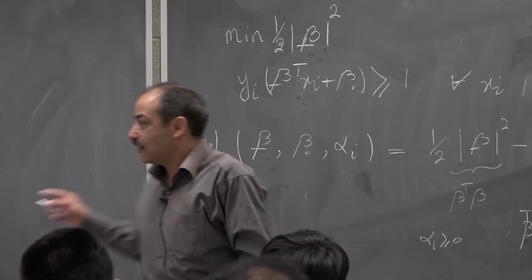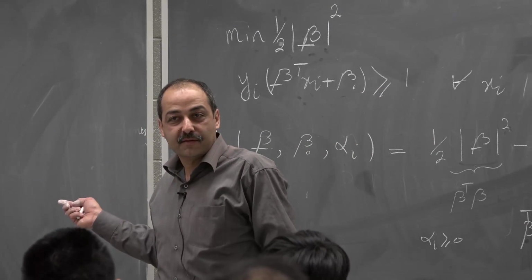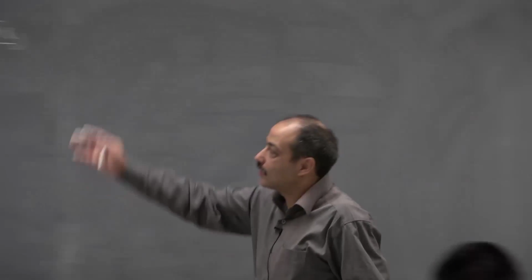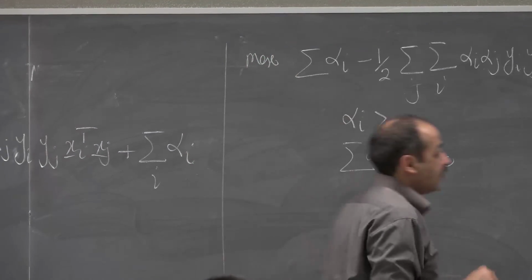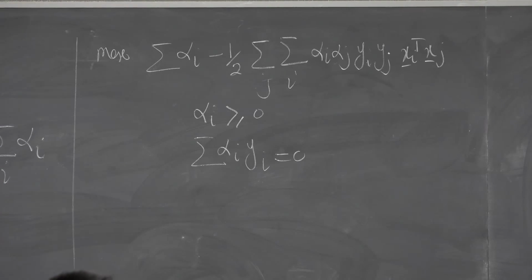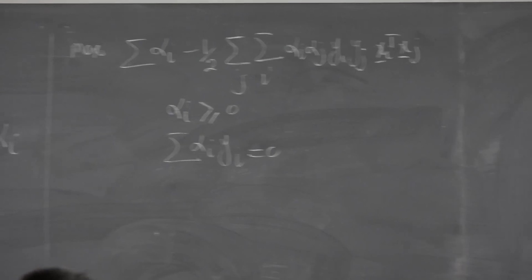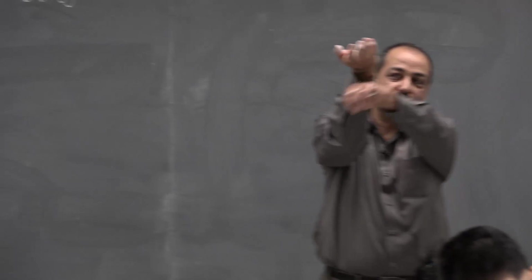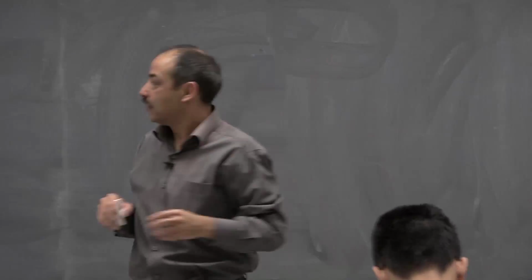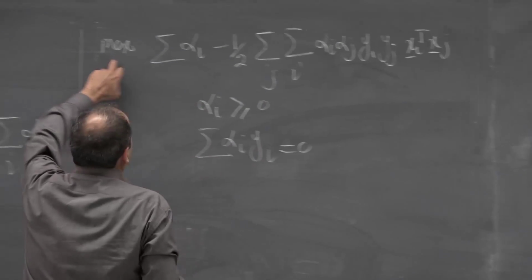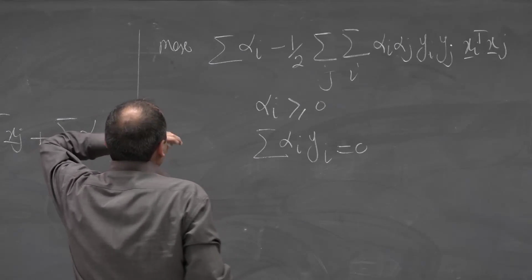Now everything is in terms of alpha, so I have to maximize it. It's like you want to minimize this function, you find the dual of that, and you have to maximize that one. Okay, so we need to maximize this and find alpha.